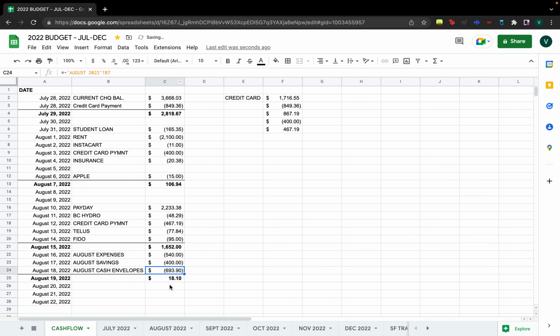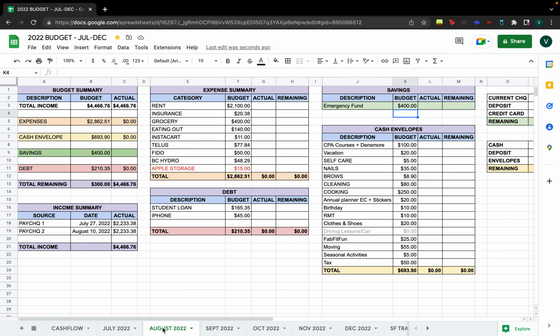So we have $18.10 left from what I've had. Okay, so this says 300 here, but it doesn't realize prior month credit card. That'll be 300.